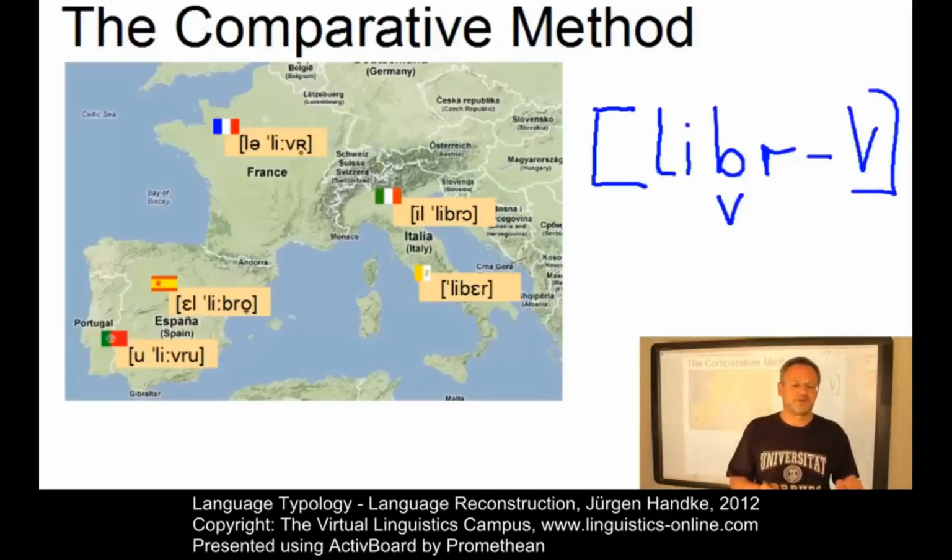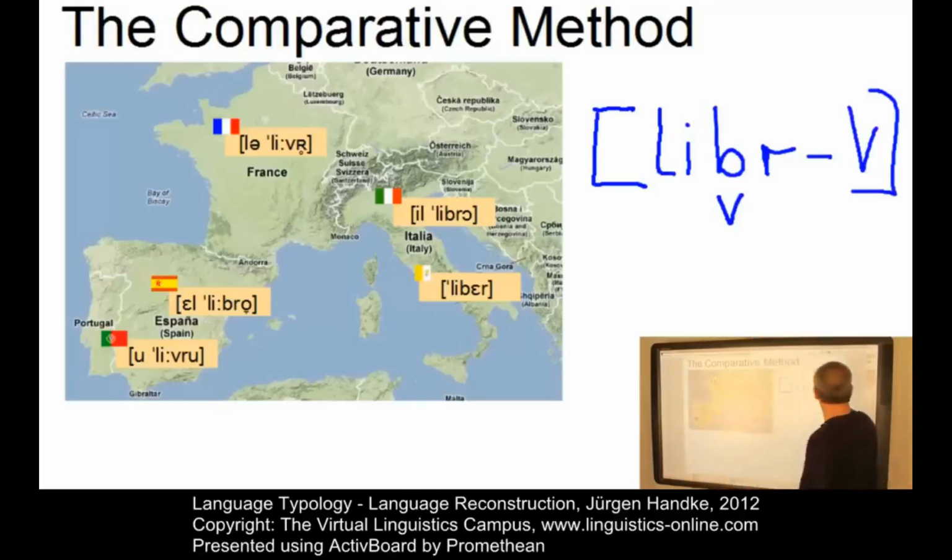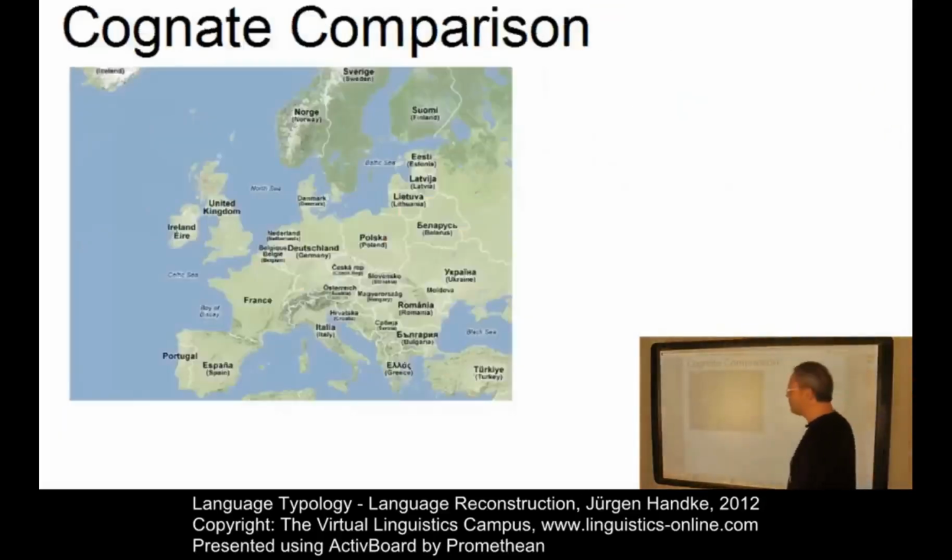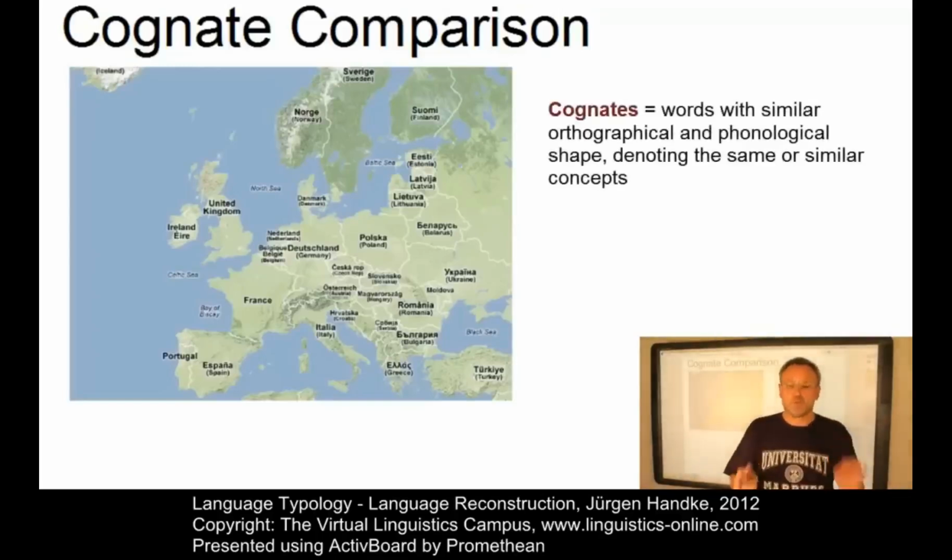This principle, which we have just applied, is referred to as cognate comparison. This method was introduced in the 19th century by the neo-grammarians, a group of German philologists at the University of Leipzig. So let's look at cognate comparison in more detail. Central to this method is the comparison of cognates, that is, words from different languages with a similar orthographical and phonological shape denoting the same thing.